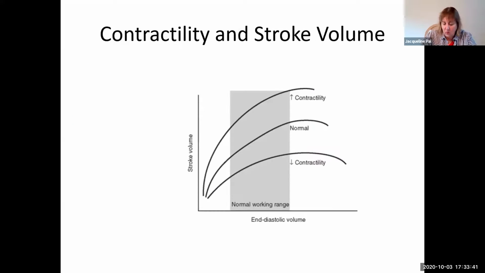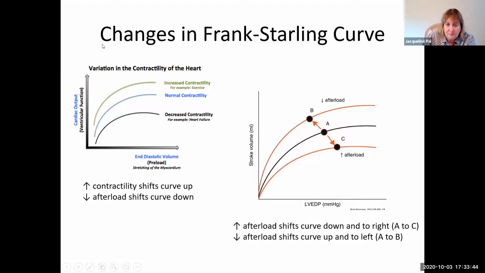It shows that if we decrease the afterload, if we decrease the resistance for the ventricles to get rid of their pressure, then we increase the stroke volume by shifting the curve upward from A to B. But if we increase the resistance, as evidenced by increasing the systolic blood pressure or increasing the afterload, then we are depressing the curve, sending it down and to the right, as in from A to C.